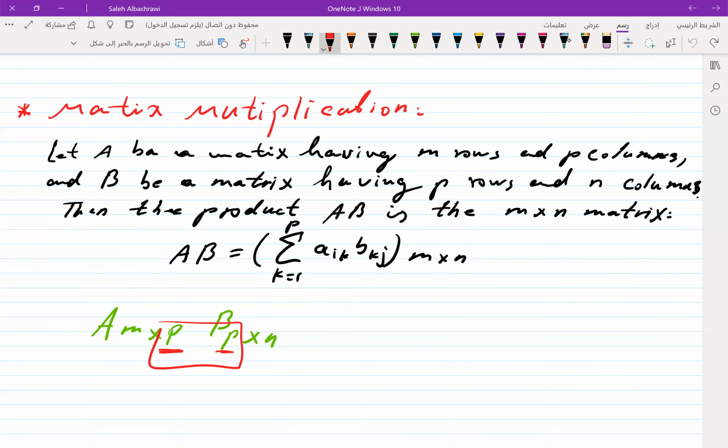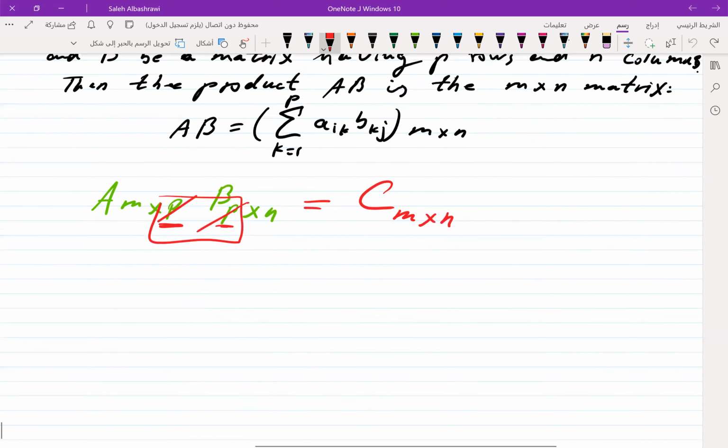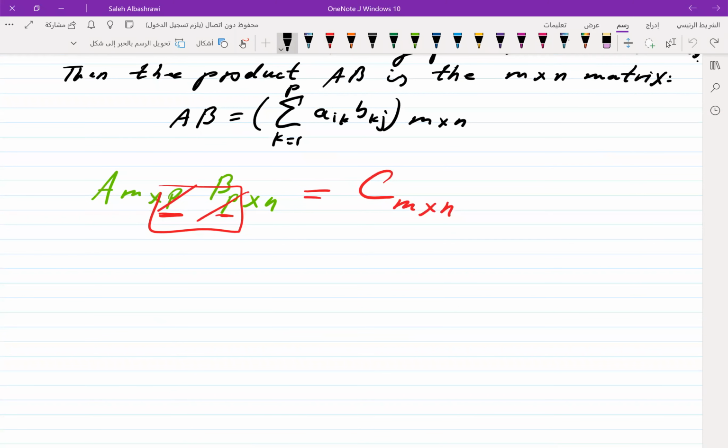The result will be a new matrix C; canceling the P and P, I get M by N. This is the idea of the product of two matrices.